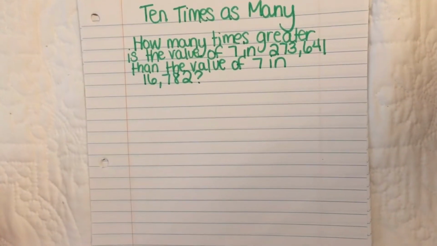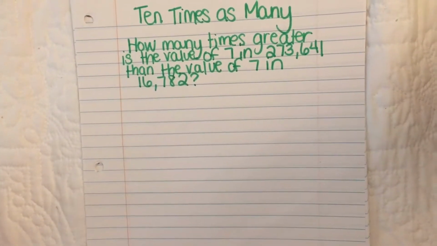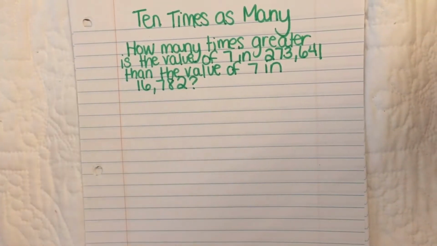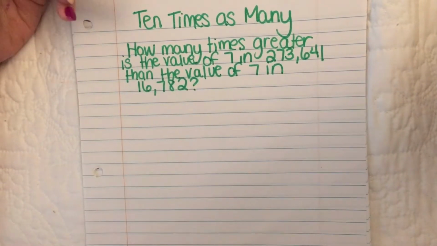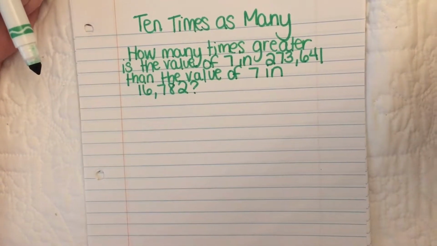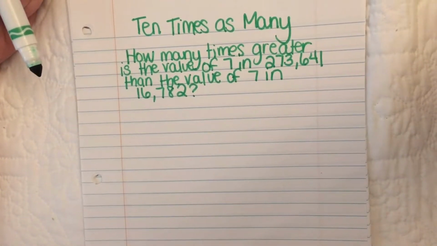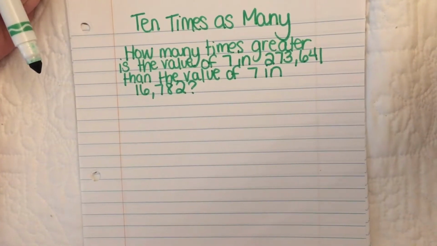Now, most questions are going to be put into this type of a setting. It could be in many different forms, but this type of setting. So the question is, how many times greater is the value of 7 in 273,641 than the value of 7 in 16,782?